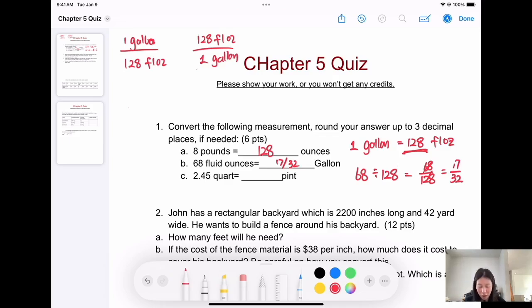Each one works. Now you have 68 fluid ounces, and we need to multiply by one of these so that it equals some gallons.